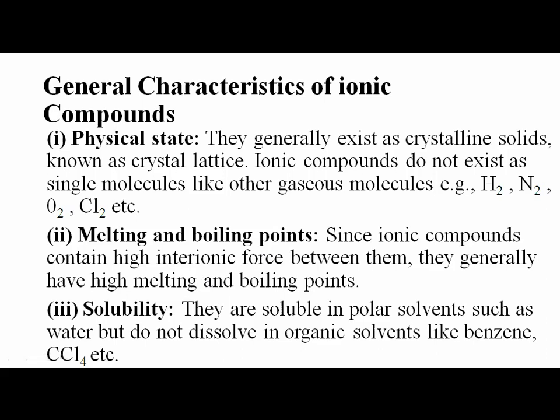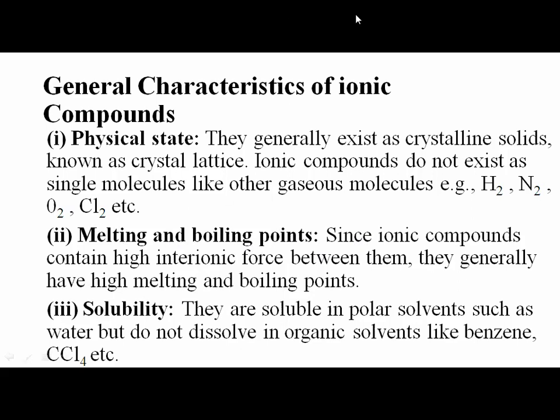That means when you apply that much energy, it gets converted into liquid. A molecular compound like water melts at 0 degrees Celsius. Just see, sodium chloride is 800 degrees Celsius, while water is just 0.